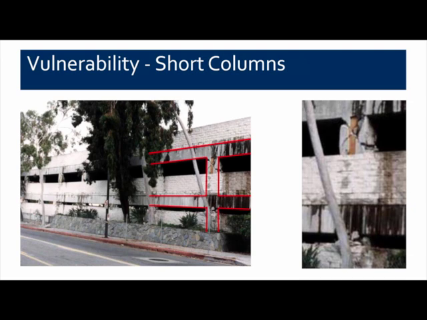Now, in this particular case, the construction of a perimeter half-height wall actually restricted the ability of that frame to move the way that it was structurally intended to, and turned a ductile moment frame system into a brittle short column system.